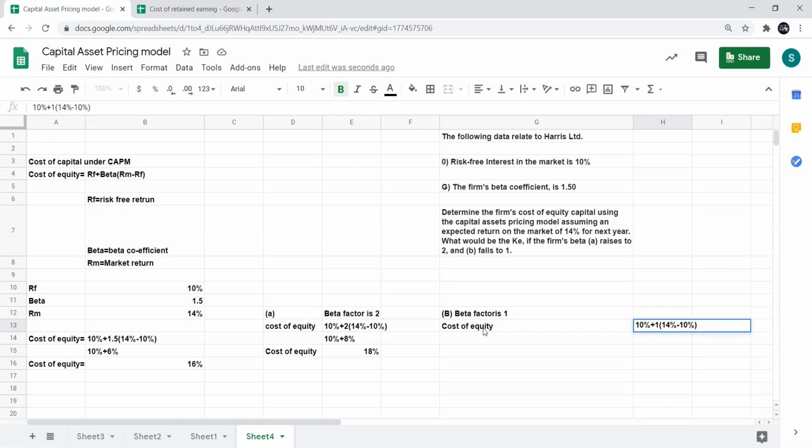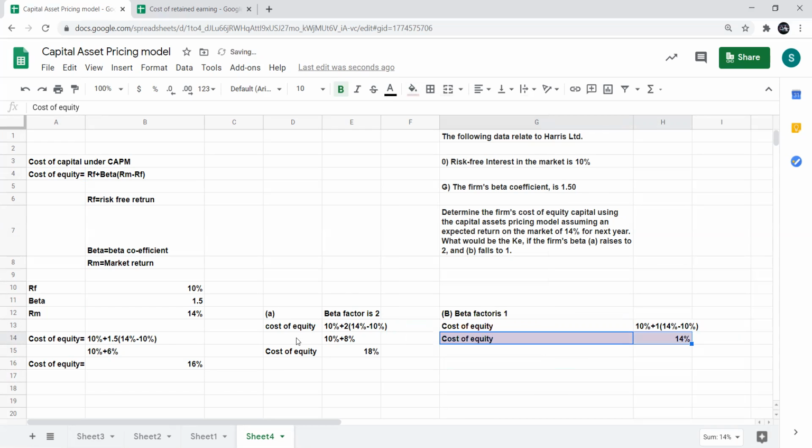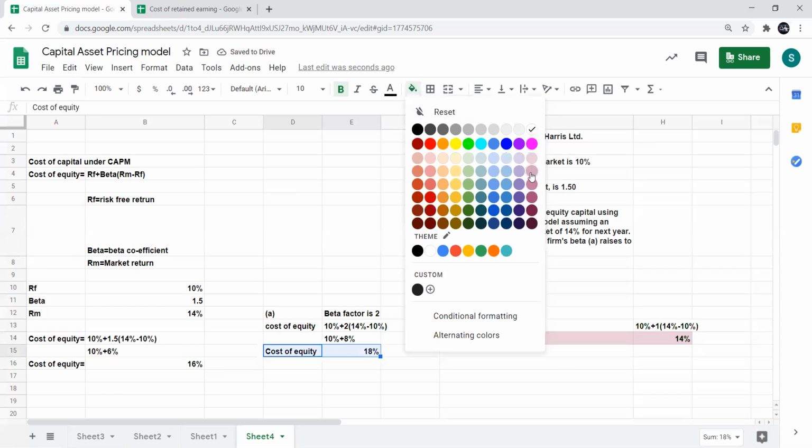So if I solve that, my cost of equity is 14%. Okay. So in the problem, initially they have given a figure. For that, I have found out the cost of equity. Apart from that, later they are suggesting a few more adjustments which have to be done. Even for that, I have found out the answer. This is how it works.